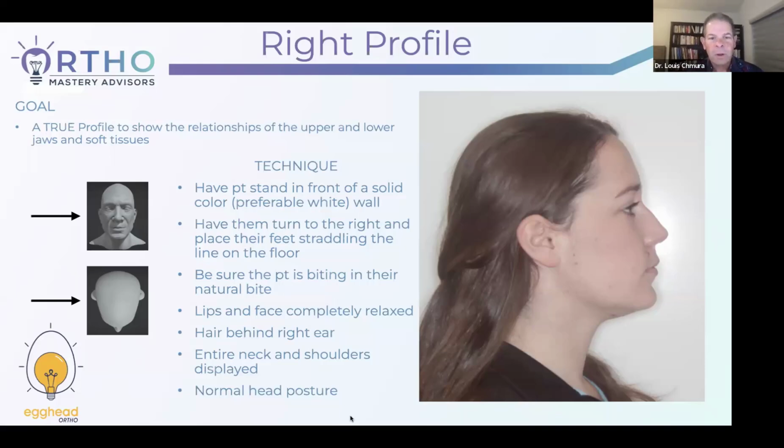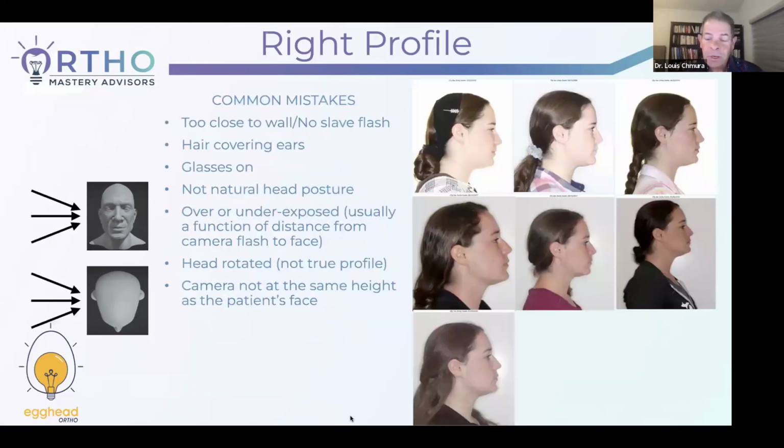And then we talked about normal head posture. If you don't do that, if you're at a different angle, or if you don't take it from a certain distance, you get inconsistent photos. This is the same patient at different time points in my office, the same exact patient, and these are cropped. So imagine when I'm doing a presentation, I'm trying to show the progress of a patient.